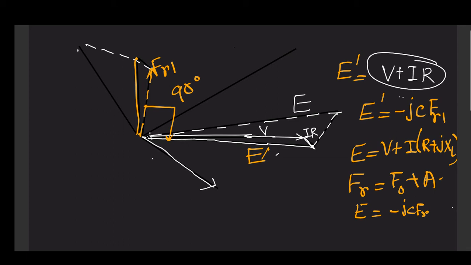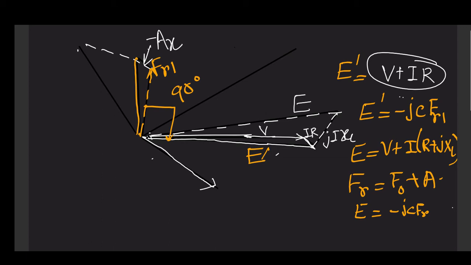So this is our jIXL, and this side is our minus AX. So why minus AX?